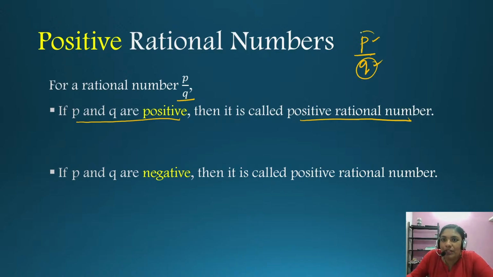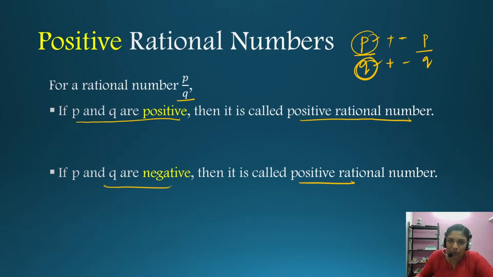And in this, if p and q are positive numbers, then p by q will be a positive rational number. And if p and q are both negative, then that will also be a positive rational number. Why? Let's see examples. 5 by 7.